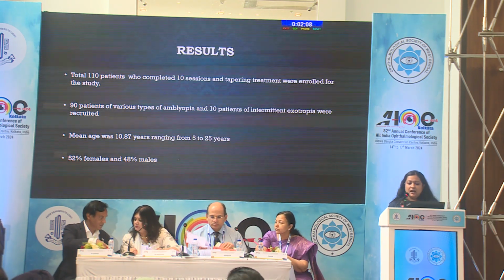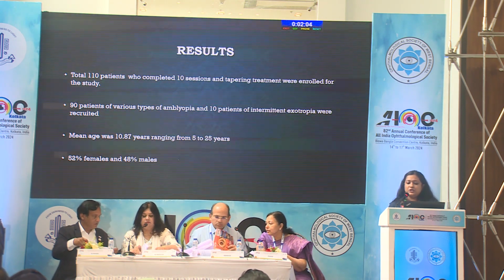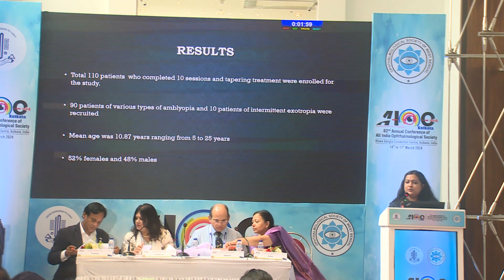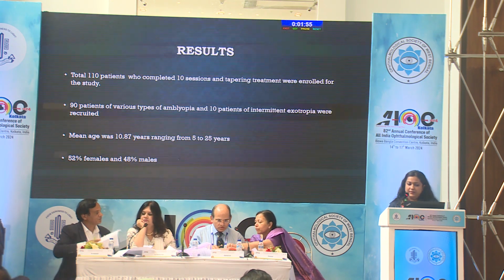We did the study in 110 patients: 90 patients with various types of amblyopia, and 10 patients with intermittent exotropia. The mean age was 10.87, ranging from 5 to 25 years, with 52% females and 48% males.